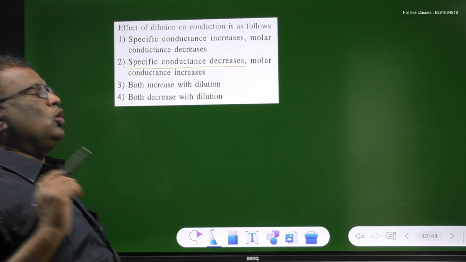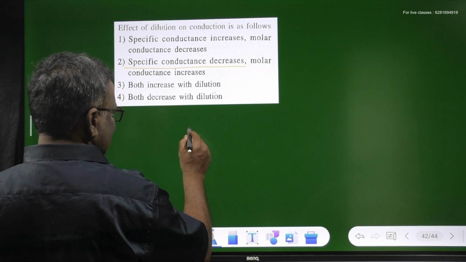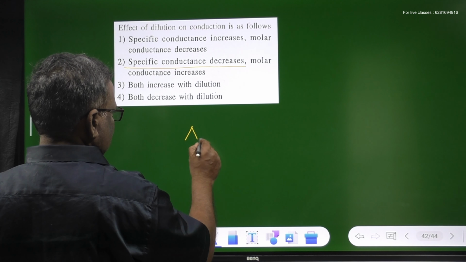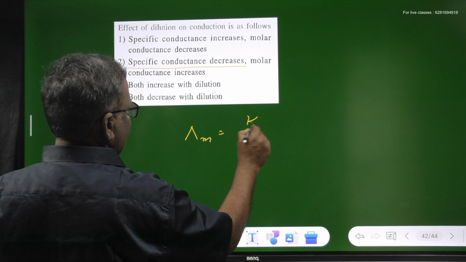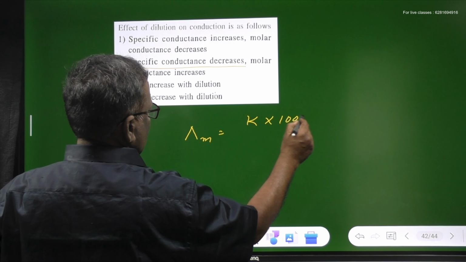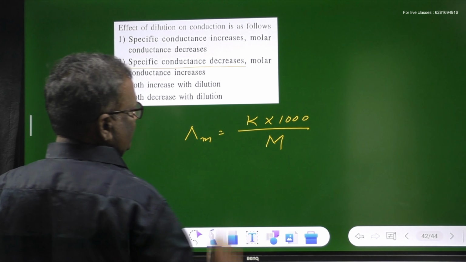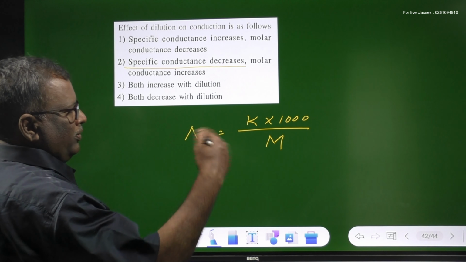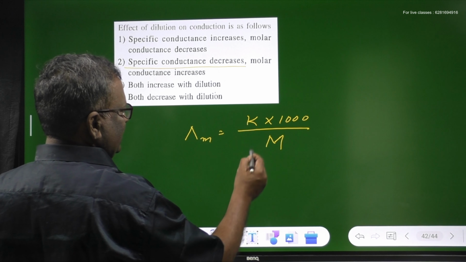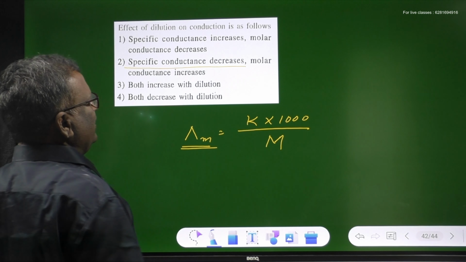But in the case of molar conductance, it is equal to K into 1000 by molarity. So molarity is in the denominator. When dilution takes place, molarity decreases, that means molar conductivity will increase.